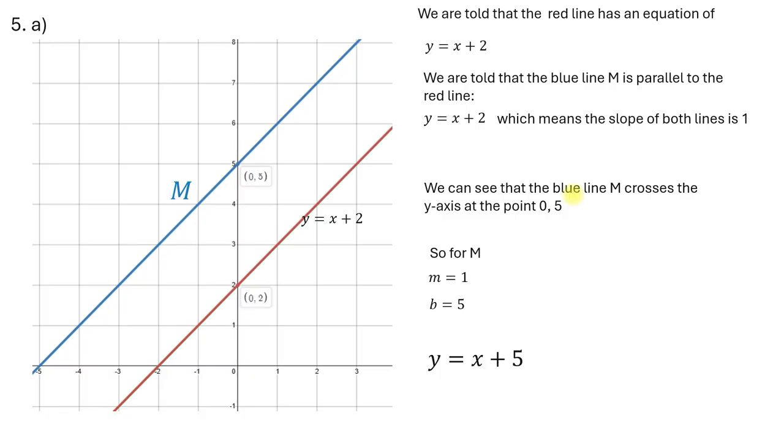And if we look at the y-intercept of M, we can see that it crosses the y-axis at 5. So if we know the slope and we know the y-intercept, we can write our equation y equals x plus 5.